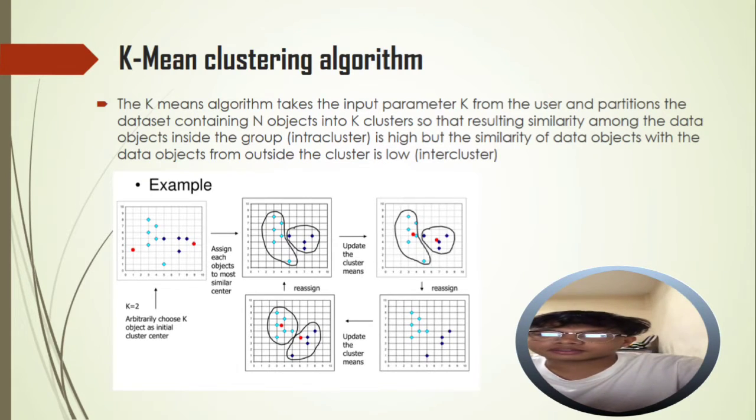The k-means algorithm takes the input parameter k from the user and partitions the dataset containing n objects into k clusters so that the resulting similarity among the data objects inside the group, intra-cluster, is high, but the similarity of data objects with the data objects from outside the cluster is low, or what they call inter-cluster. So, this is the example of it.